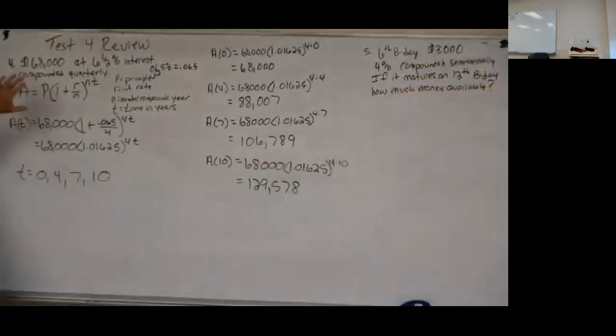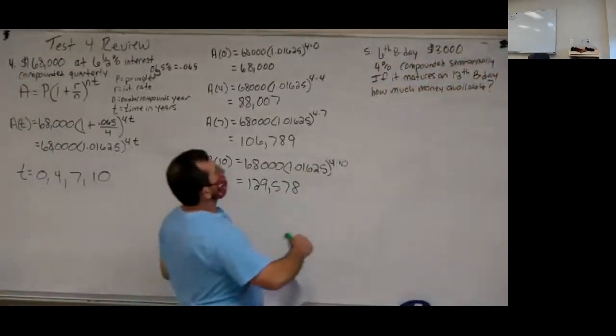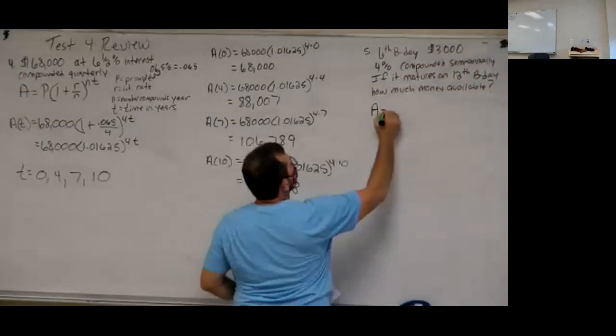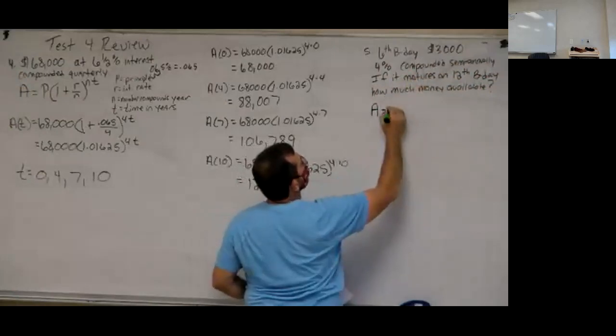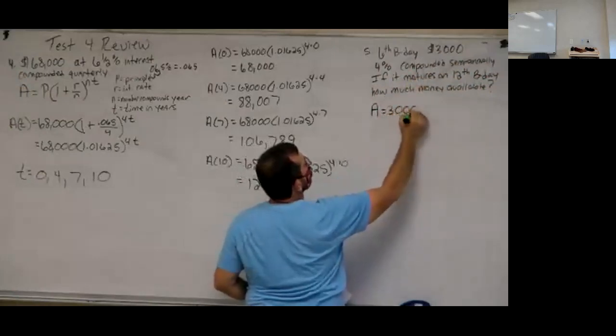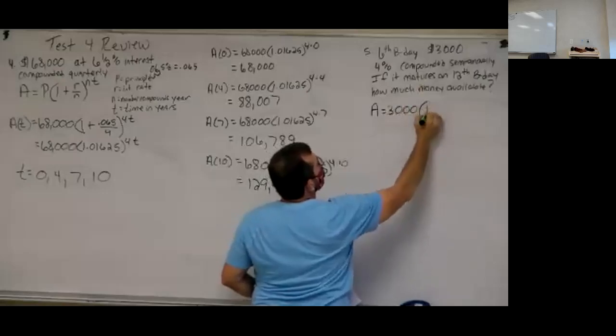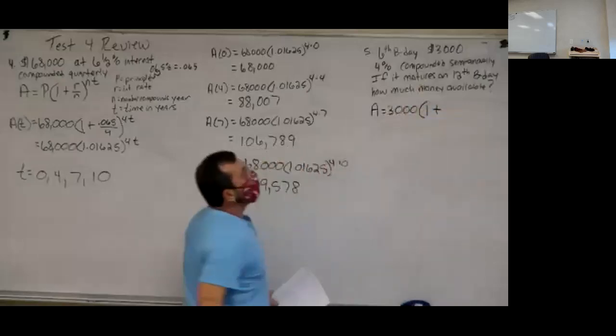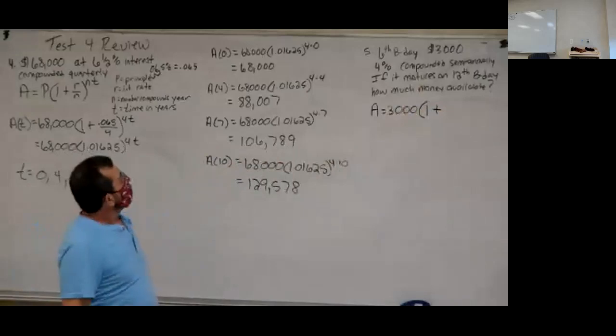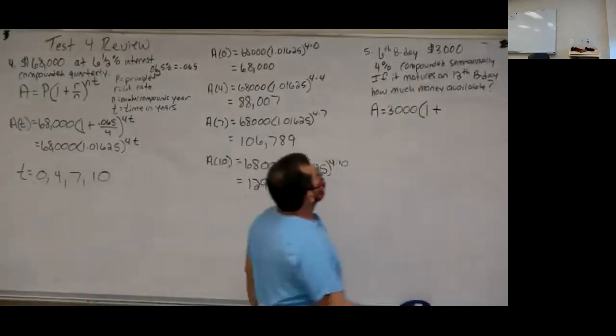So once again, we're going to use this formula, A equals P, put in everything we got, and we'll find out what that amount is, okay? So here we go. We got A equals P, P is the $3,000 we started with, times 1 plus R. Well, R is 4%.